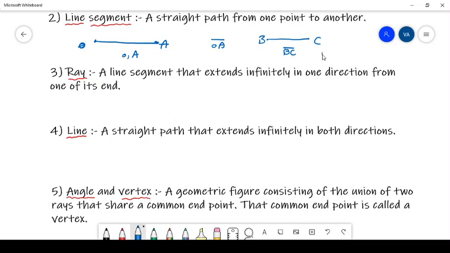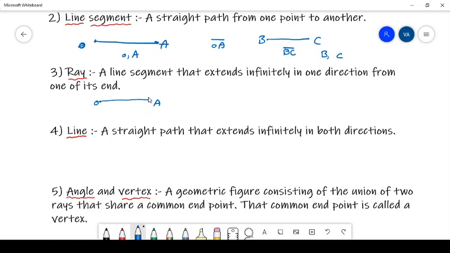In line segment BC, B and C are the end points. Here also, for example, O is one point and A is another point. Joining O and A, you get a line segment. This line segment extends infinitely in one direction from one of its ends.